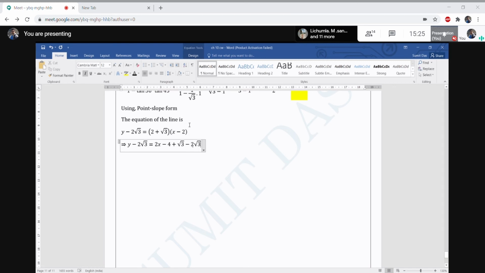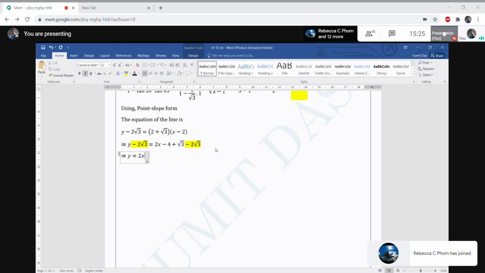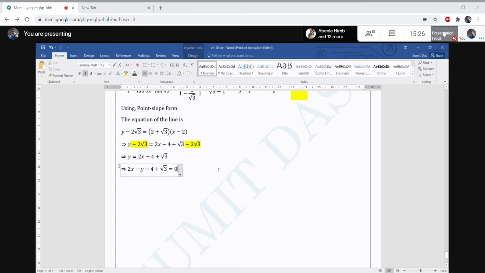So what we can see from both sides, square root of 3 and 2 root 3 can be cancelled, right? What will be left? It will be left y equal to 2x minus 4 plus square root of 3. Okay, so if you simplify next line, it will be 2x minus y minus 4 plus square root of 3 equal to 0. That's our equation of the straight line.